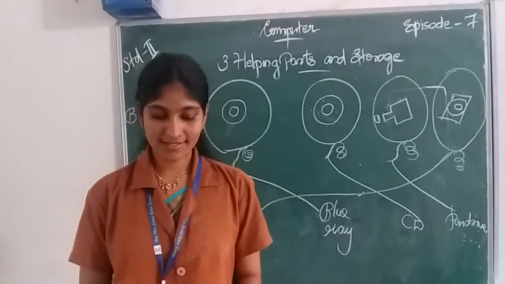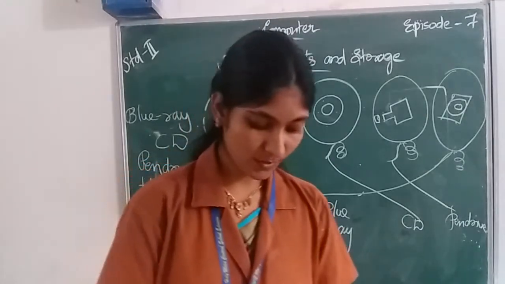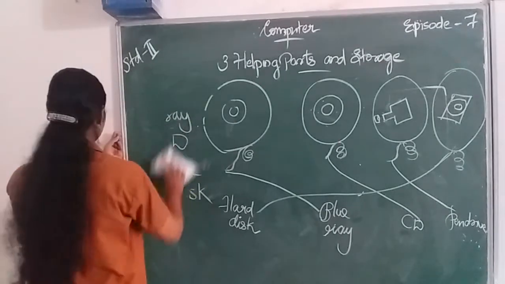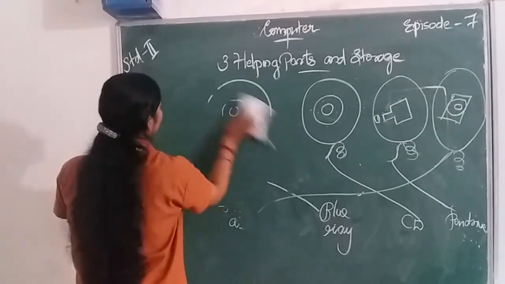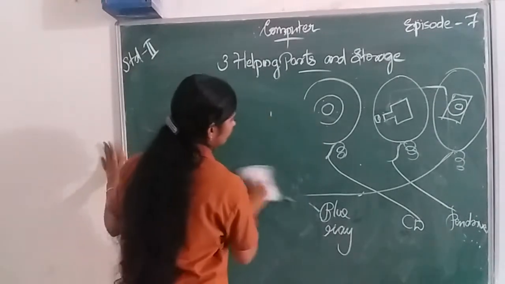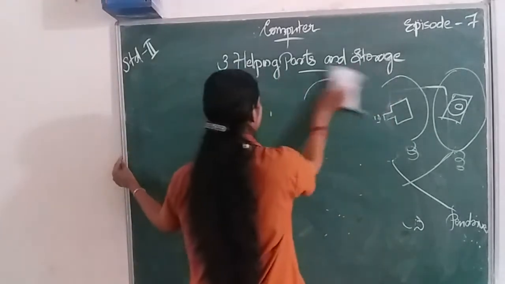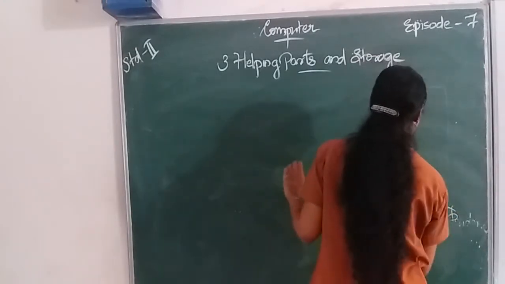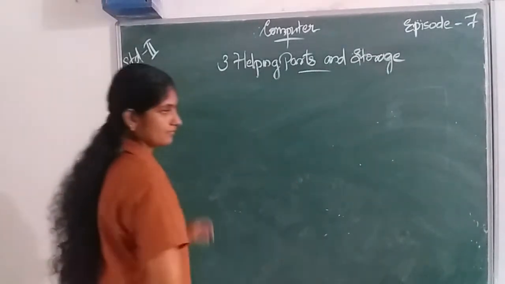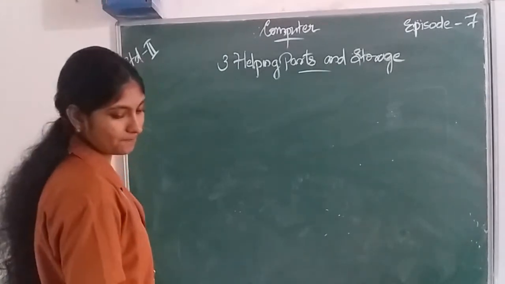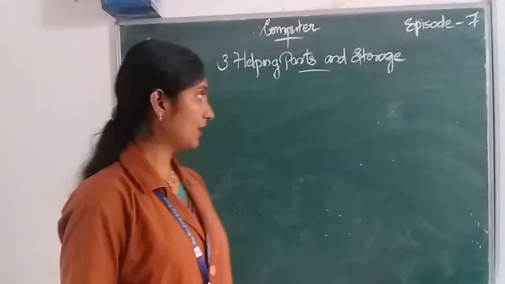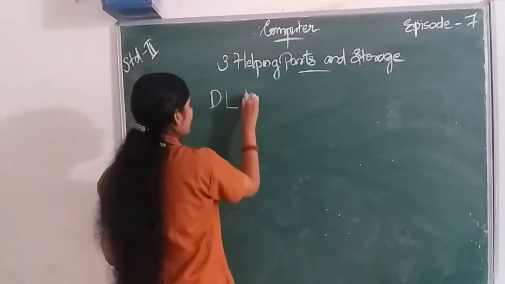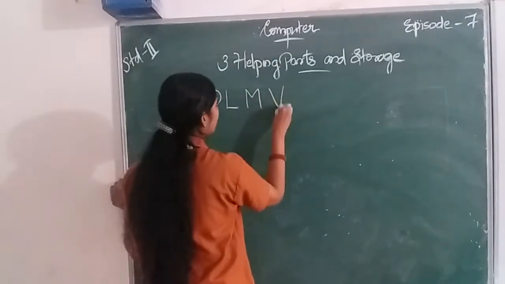Cross out the letters to see the hidden words. First is DLMVD.